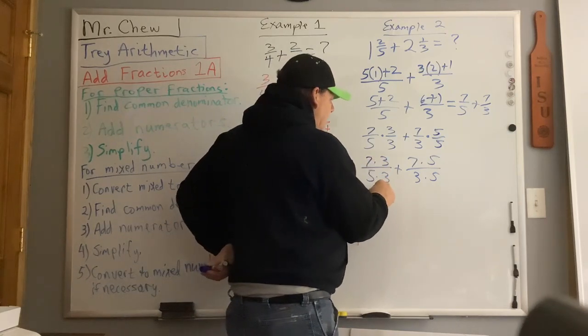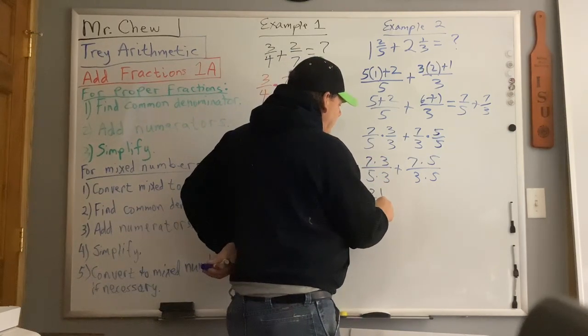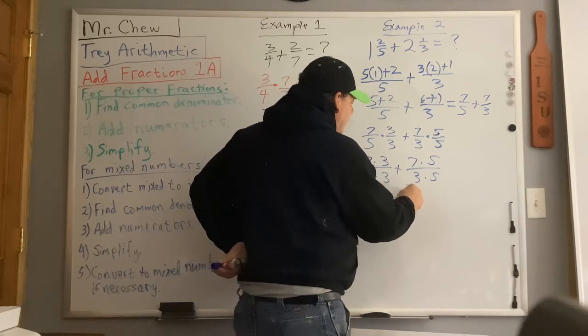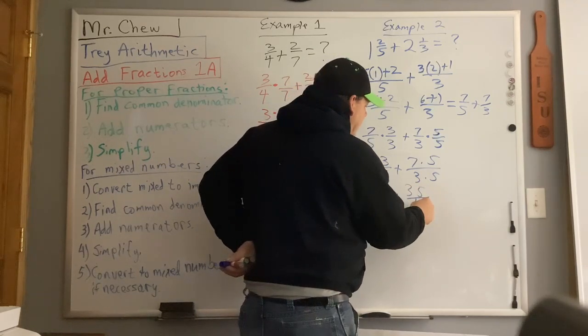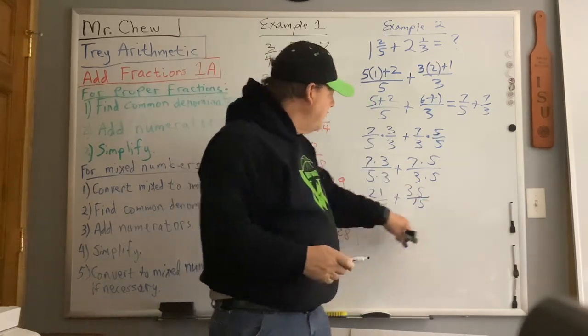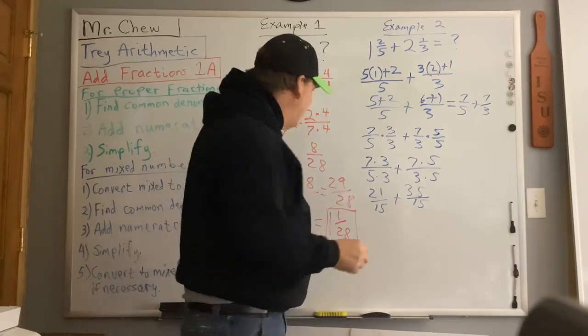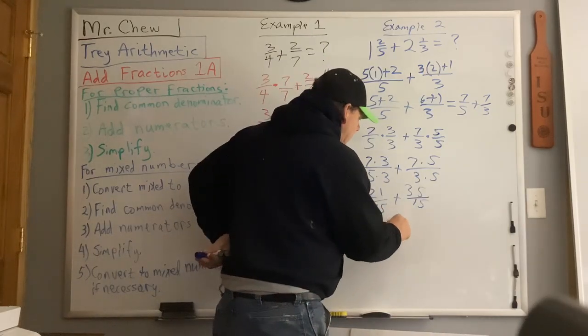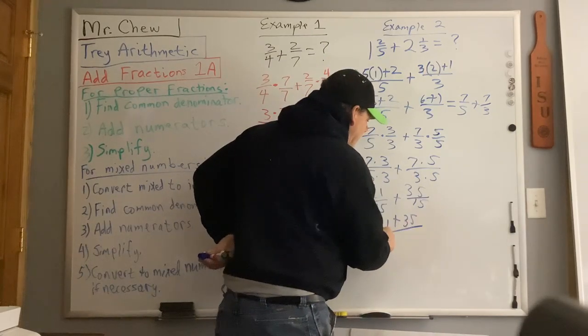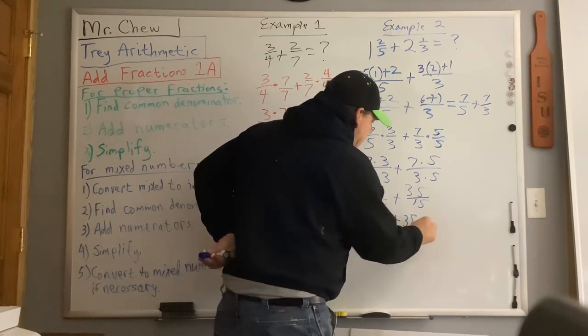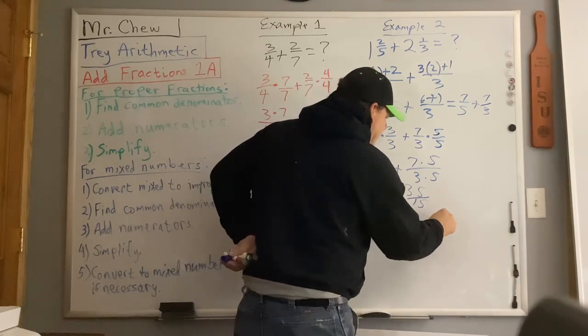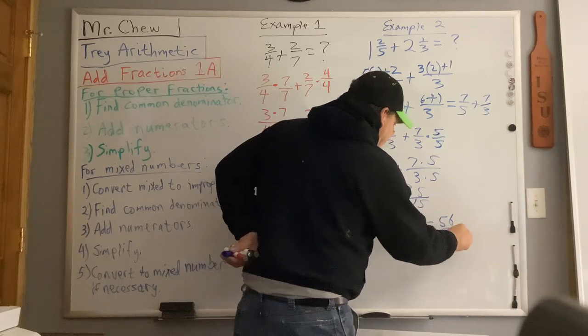And that's going to equal 21 over 15 plus 35 over 15. Now I have the same denominator, so I can add the numerators. So 21 plus 35 over 15 ends up being 56 over 15.